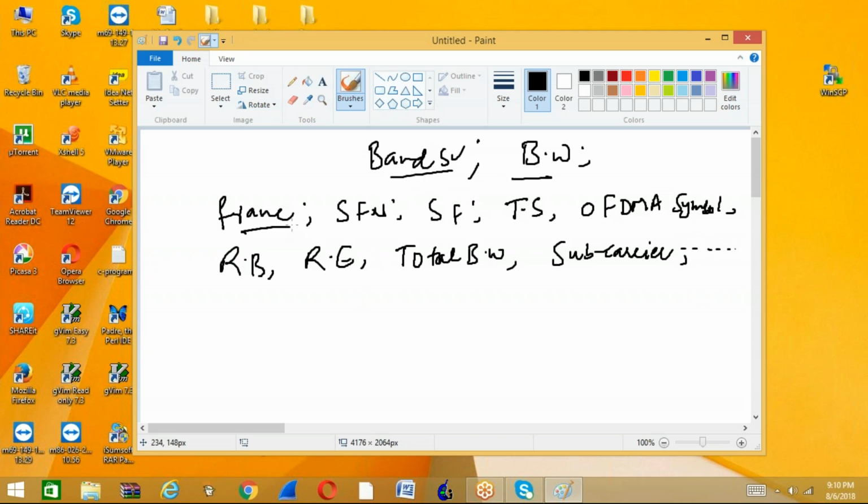Bands, bandwidths, frame, SFN, SF, time slot, OFDMA symbol, resource blocks, resource elements, total bandwidth, subcarriers, all these things we have seen.